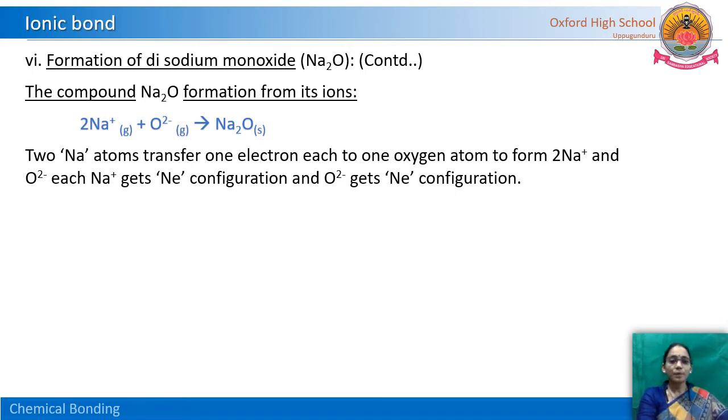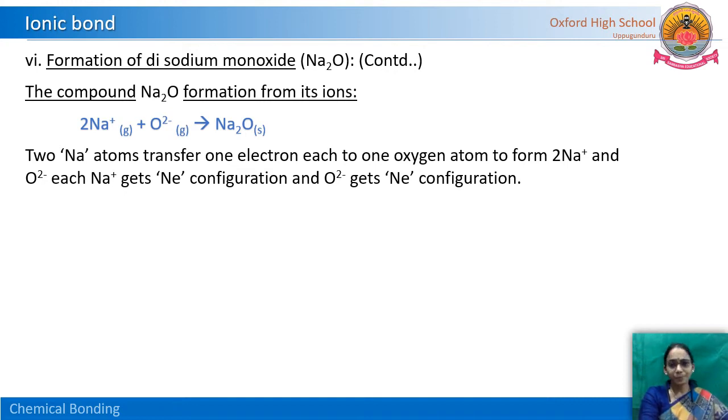See here, oxygen atom requires 2 electrons. So how many electrons can each sodium atom give? Each gives 1 electron. So 2 sodium atoms transfer 2 electrons to oxygen. 1 oxygen atom here but 2 sodium atoms.